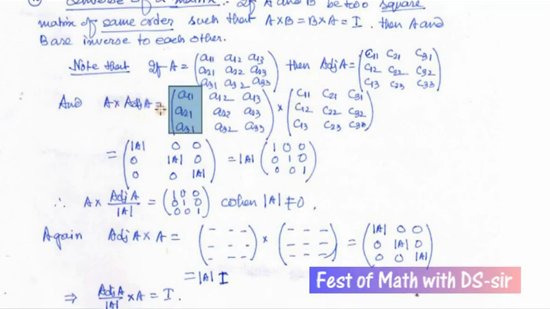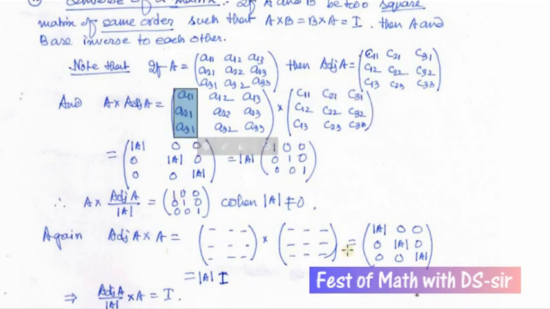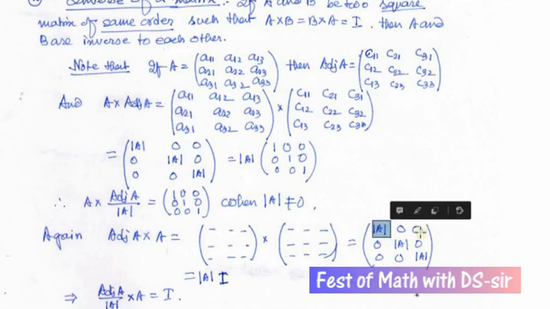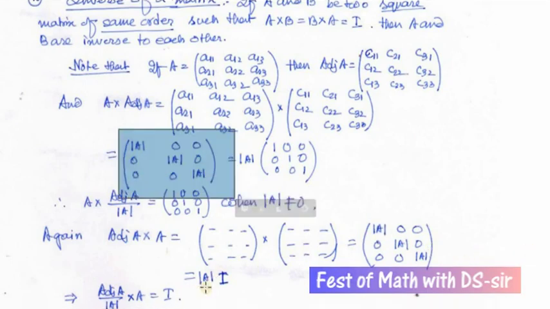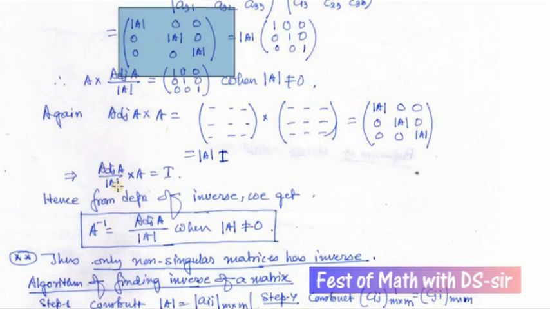So when you are multiplying adjoint A into A, that is, order reversed, the first element will be the sum of the products of the cofactors of the first column elements of det A with the first column elements. That gives you det A. Likewise, you will get the same matrix, that is det A into I. So in that case also, adjoint A by det A into A is I.